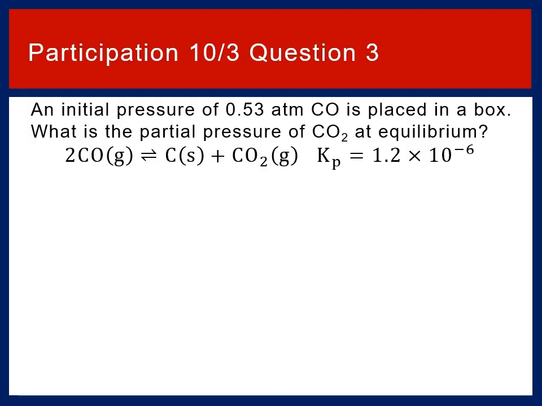The link to the assignment is right below the links to these videos. Again, an initial pressure of 0.53 atmospheres of CO is placed in a box. What's the partial pressure of carbon dioxide at equilibrium? The reaction is carbon monoxide reacting to become carbon and carbon dioxide. Equilibrium constant Kp is 1.2 times 10 to the negative 6th.